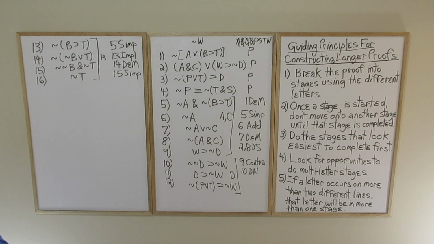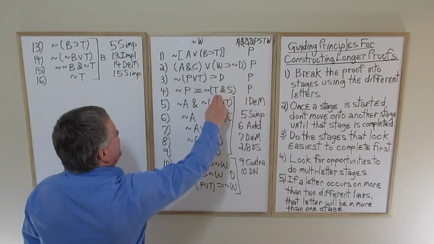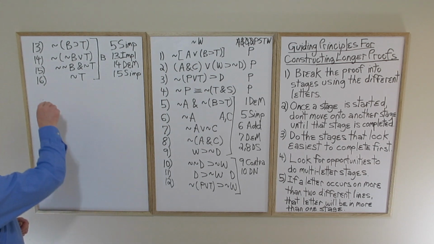All right, now we've got T-related information by itself. We want to link this up with the information in line 4.